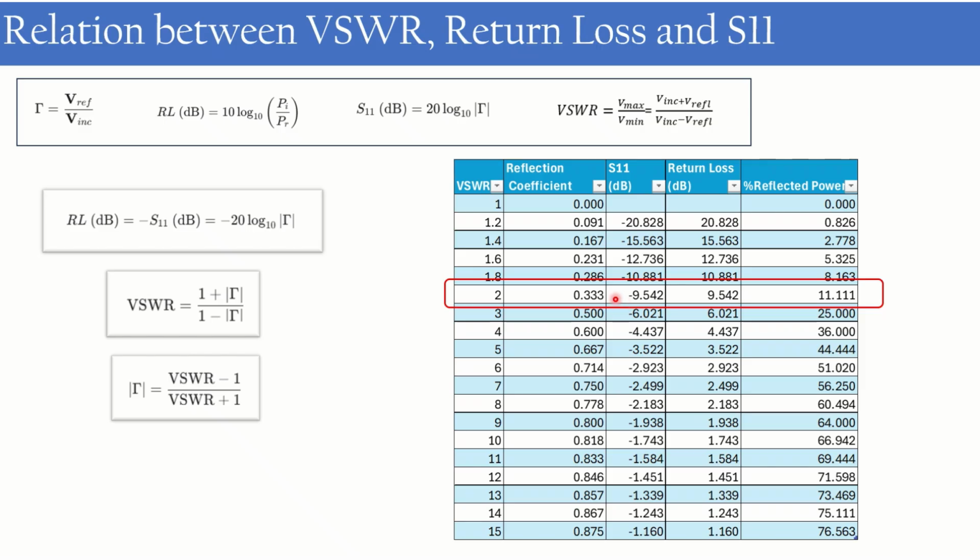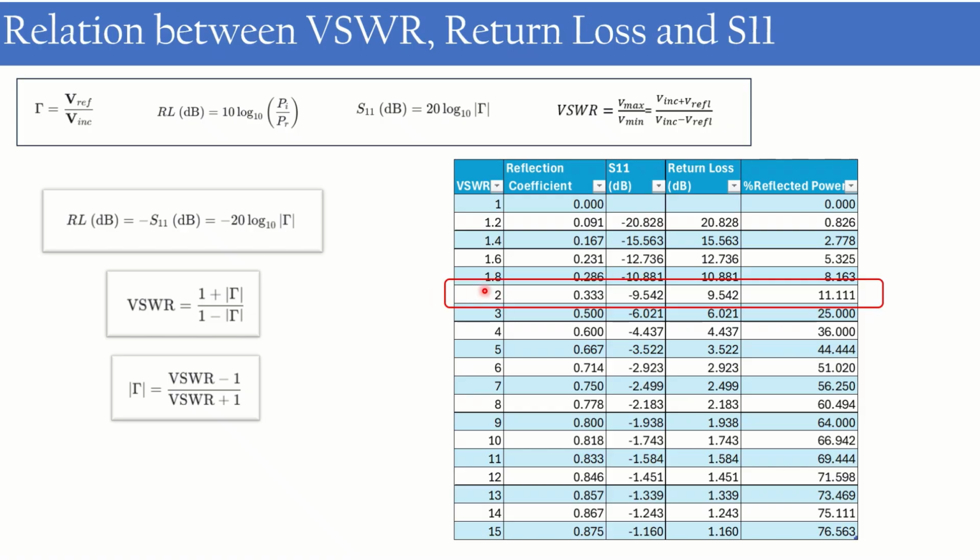In that case, the reflection coefficient, or the voltage reflection, is around 33%, S11 is around minus 10 dB, return loss is 10 dB, and VSWR is 2. These are the acceptable limits, and any values better than this can be considered okay.